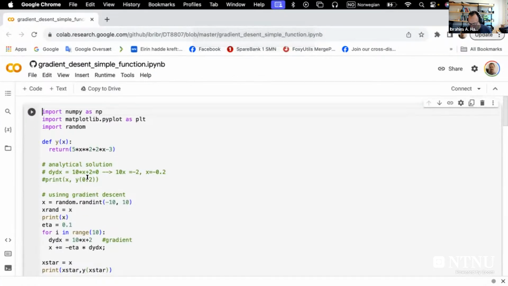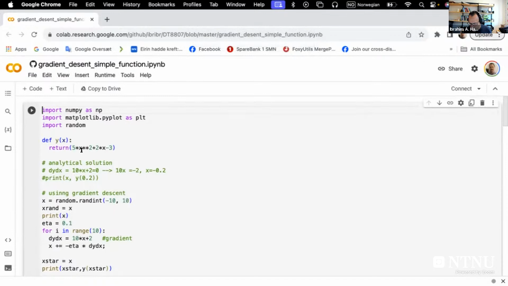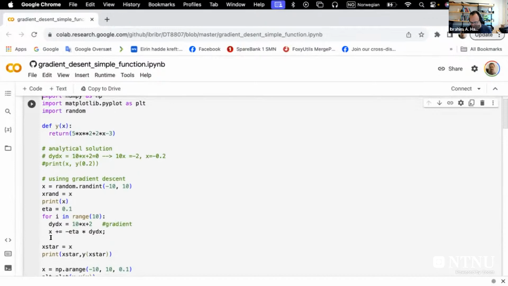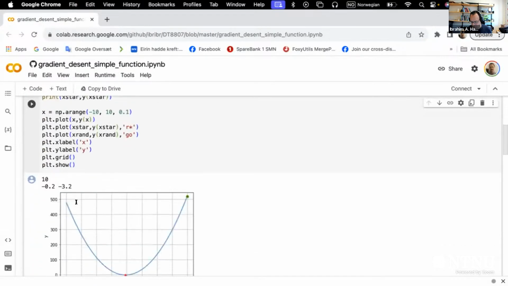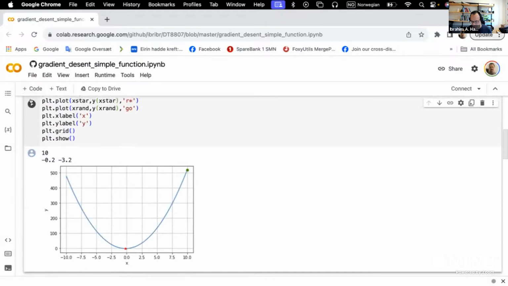This is my function, defined as y of x or f of x. And after that, this is my gradient. It will be dy by dx or f dash of x. And x plus equals minus eta multiplied by dy by dx. And we need to find x star. So x star will be my x value. So I will run that part.